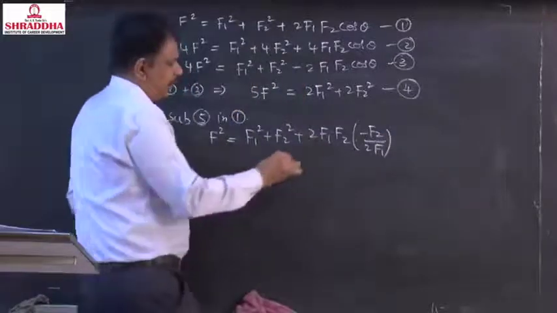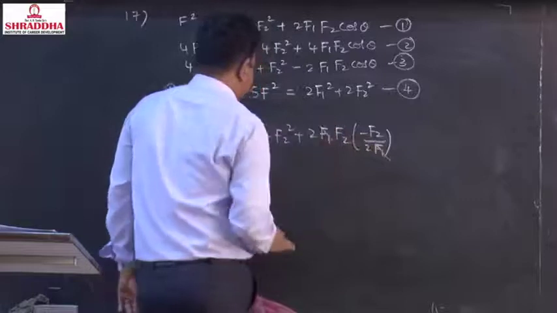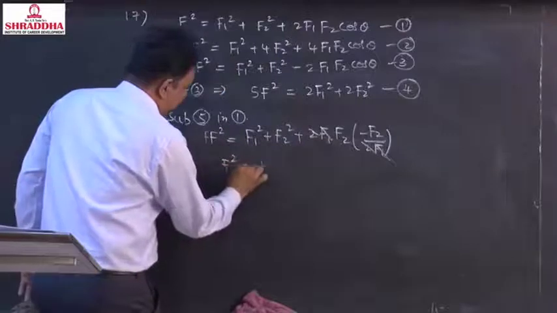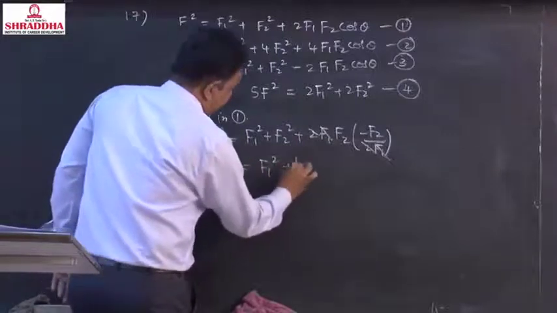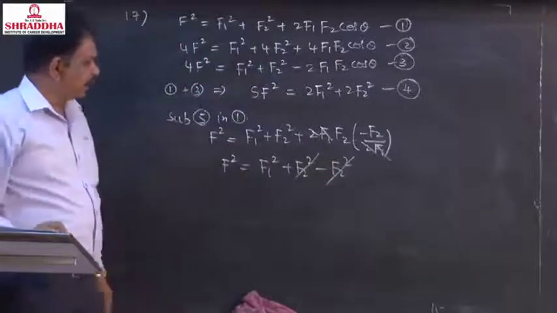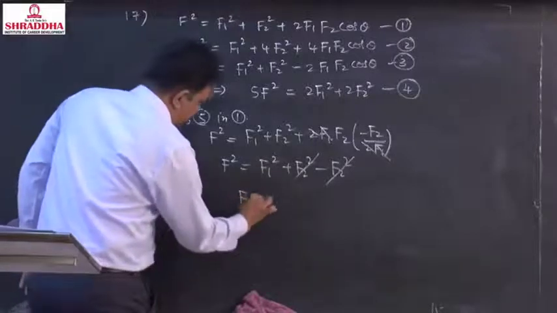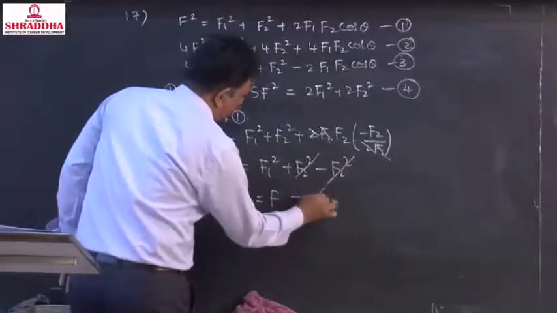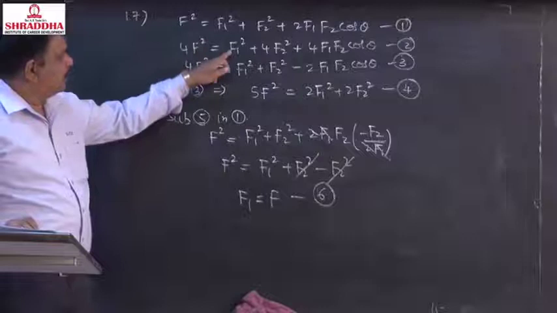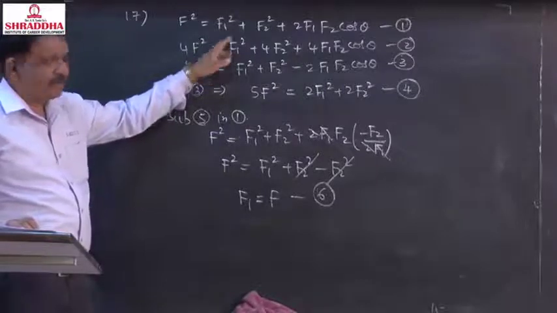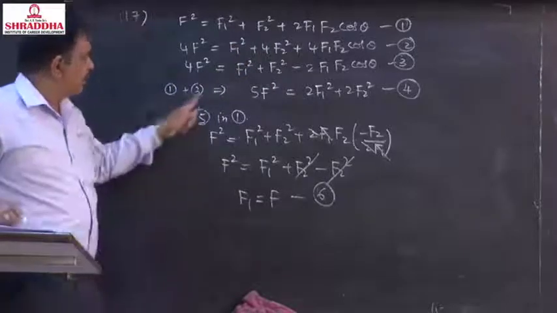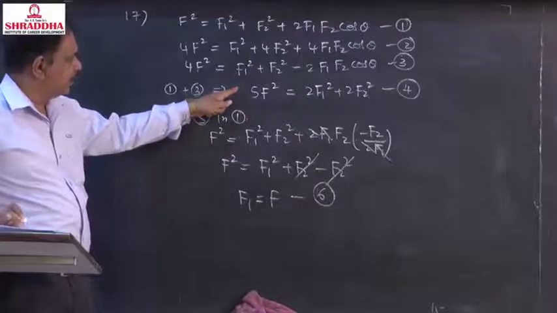So F2 F1 will cancel, 2 will cancel, F square is equal to F1 square plus F2 square minus F2 square. These two will cancel. Then F1 is equal to F, let it be equation 6. In this place, if we substitute F for F1, then we will get F2 value. Or directly you can substitute in this also, nothing wrong is there.